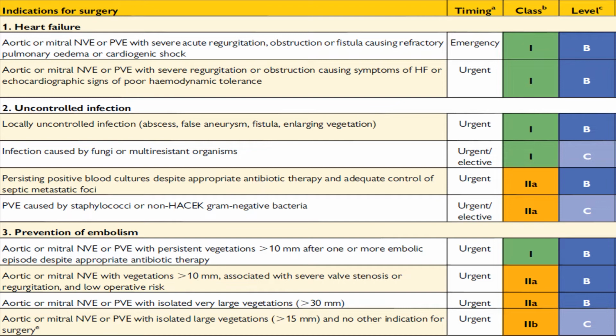The other is a prosthetic valve where the antibiotic cannot penetrate the biofilm to attack the organism. The last indication for surgery is to prevent embolism. It is complex in detail; it depends on the size of the vegetation and the history of embolic phenomena. So these are the three main issues for surgery.